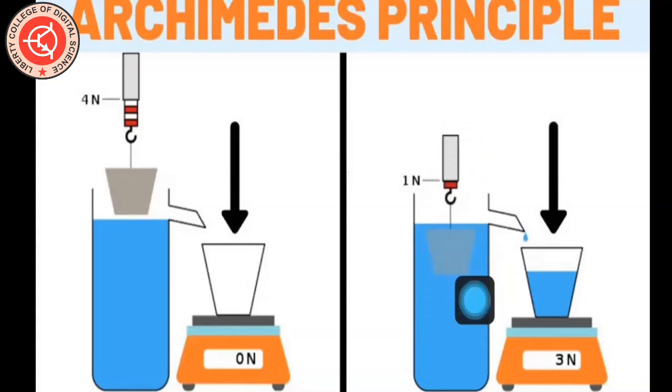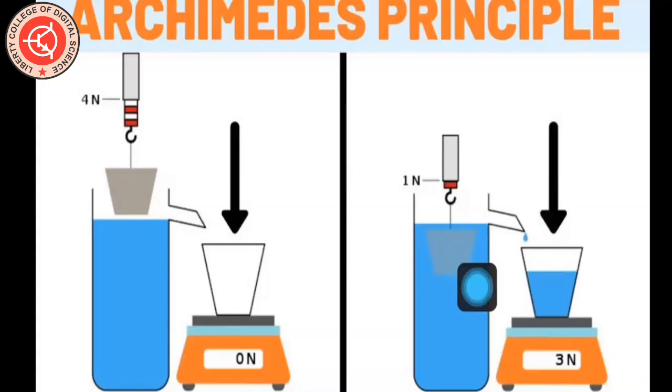So the meaning is that there's a particular force that is acting in an upward direction as any object is being submerged inside a fluid. The question is, what is the quantity of that force that is acting on any object that is inside the fluid? This is the way to get it.